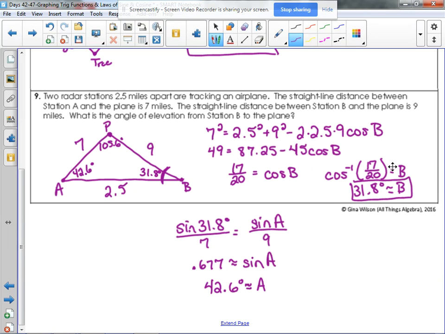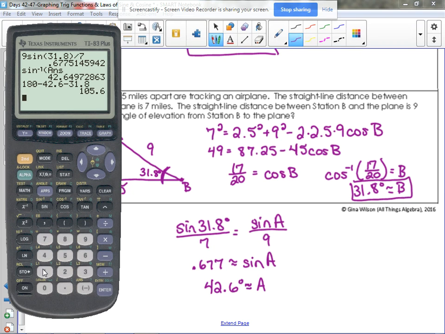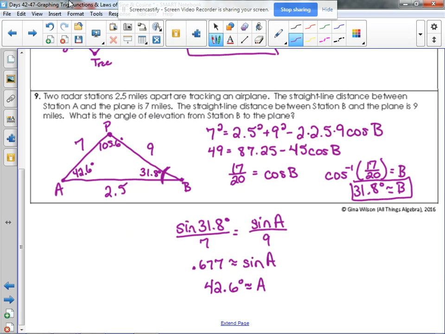We need to go back to this 31.8, and we need to find its supplement. Okay. Well, that's not going to work either. That's going to be too big. Are my units the same? Yeah, they are.